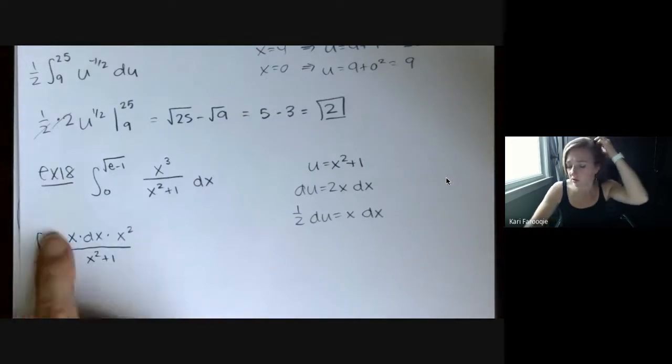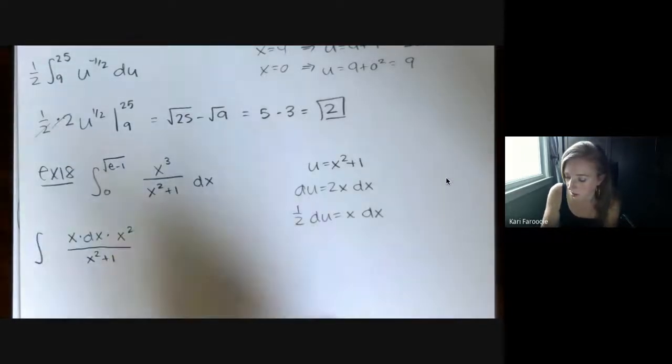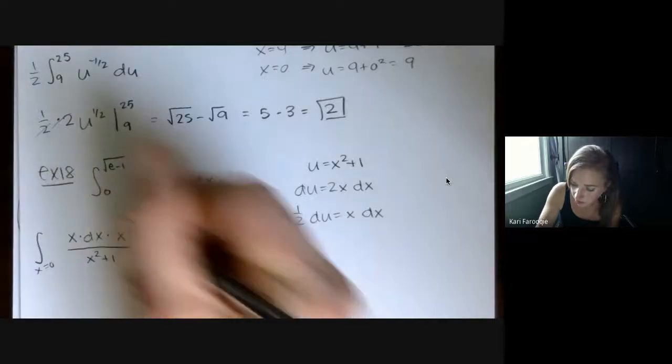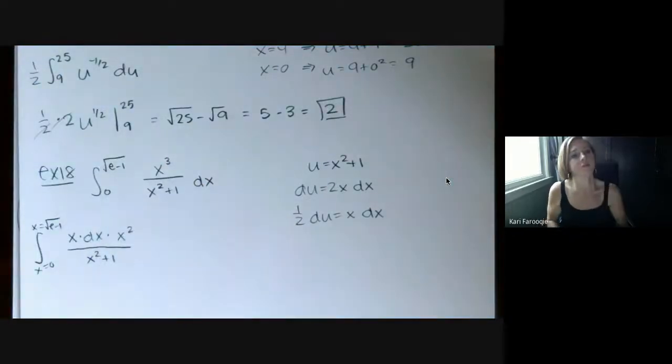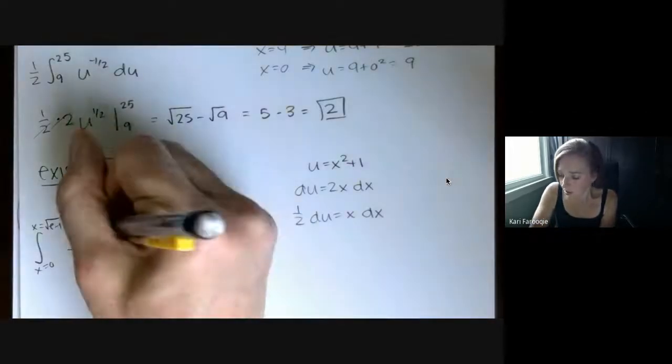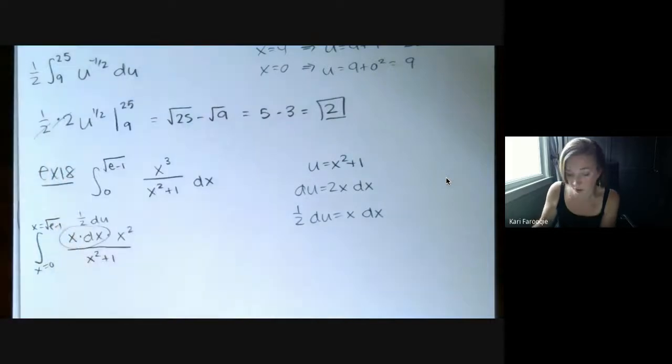I left some space over here because I want to rewrite my limits in a minute. And I guess technically I could put the x limits back on here, because I still have this written in terms of x. Sure, might as well. But we haven't actually changed anything yet. We've just split this up into some factors that are going to help us to see things a little bit more clearly. So the x dx is now being represented by 1/2 du.